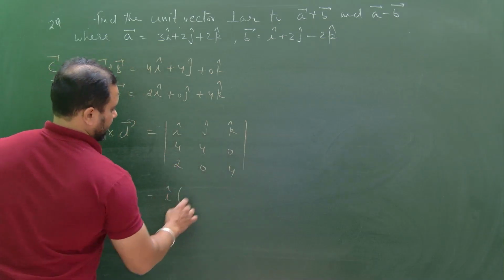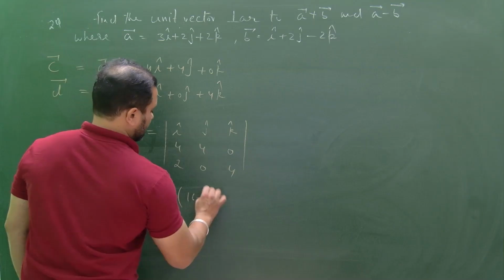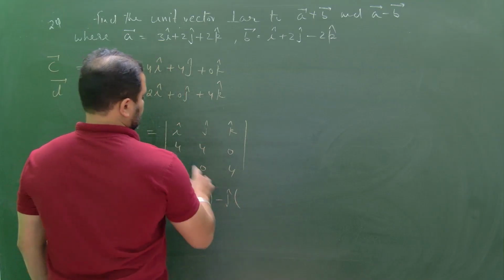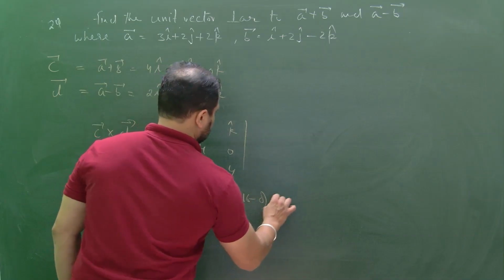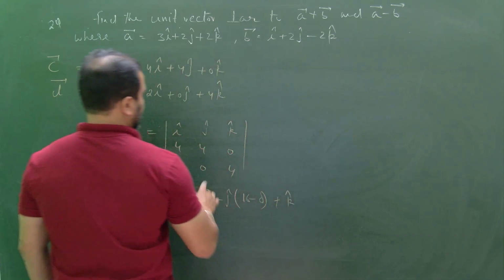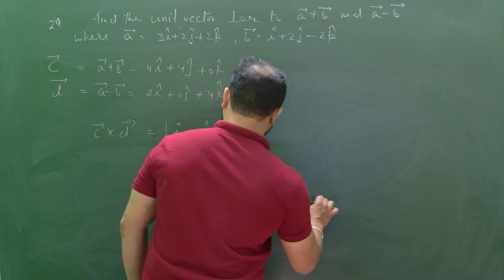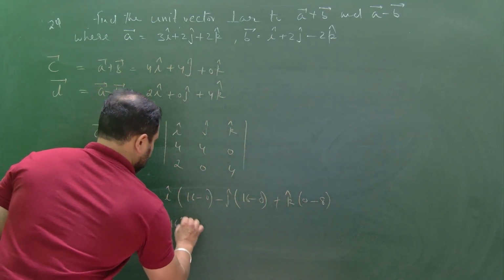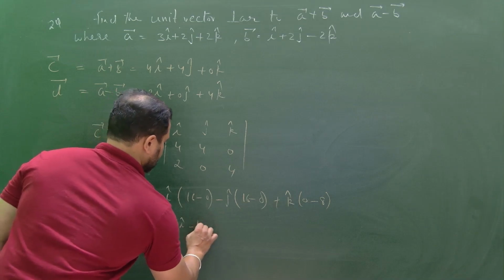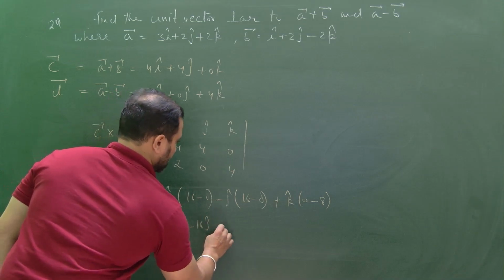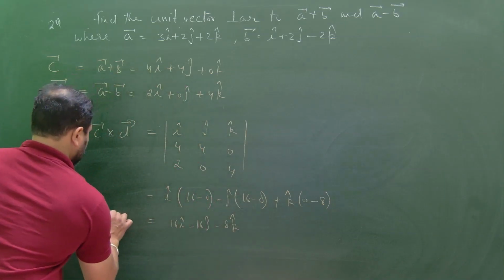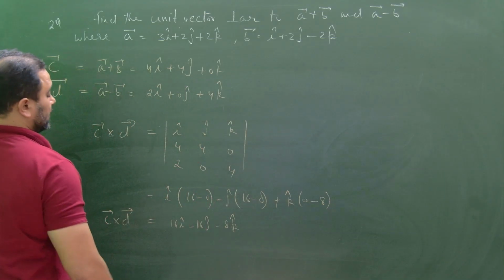This will be i cap times 4 times 4 is 16, minus 0 j cap, this is 16 again minus 0, plus k cap, 0 minus 4 times 2 is 8. So 16i minus 16j minus 8k. So this becomes the vector c cross d.